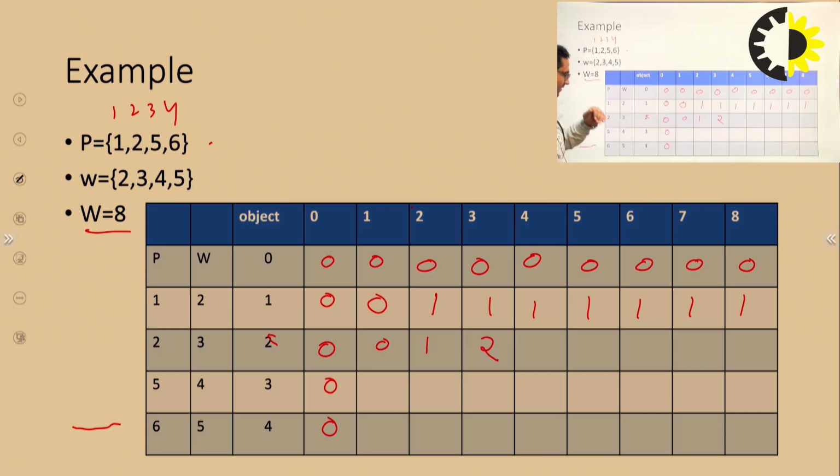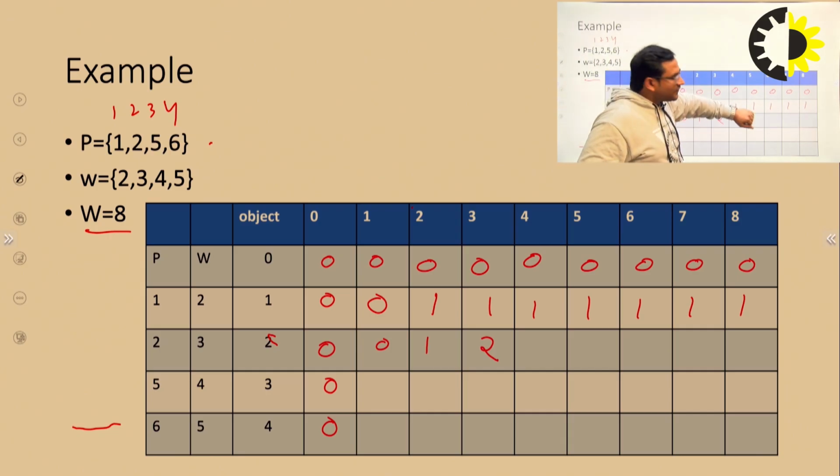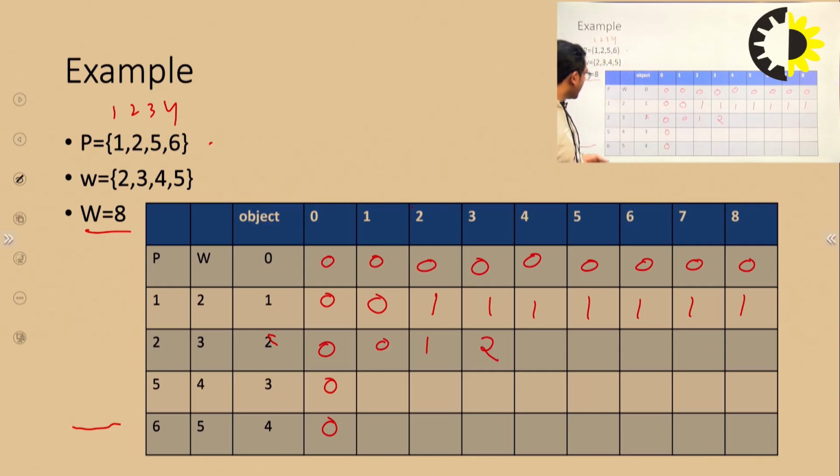Got my point? Next, when you are selecting this item, you have to try a combination with the previous weight. Initially you have only the second item in your bag, so you have a profit of 2 at weight 3. But if you combine item 1 and item 2, what will happen? 3 plus 2 is 5, so the capacity of the bag filled is 5 kg. And what is the profit you get here?